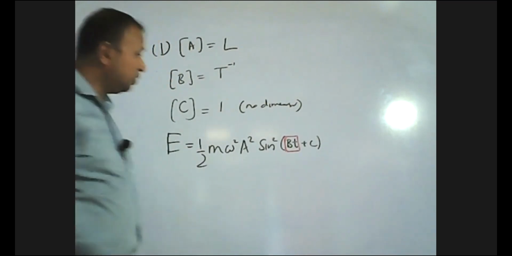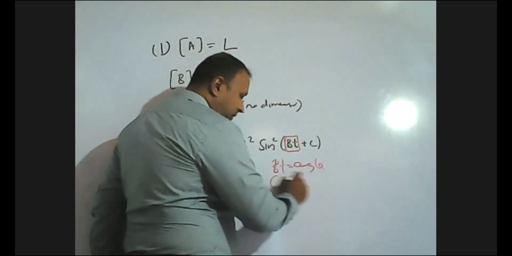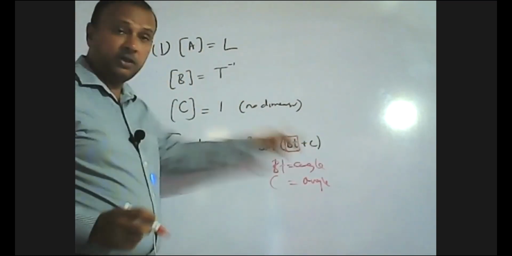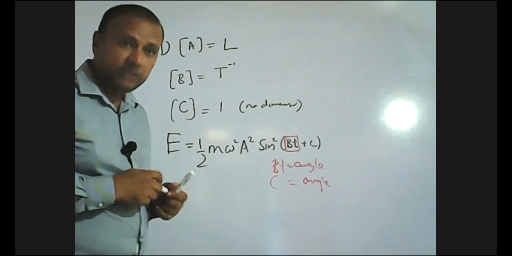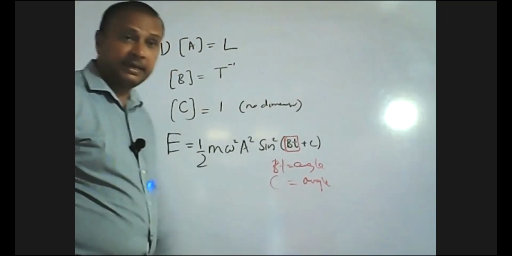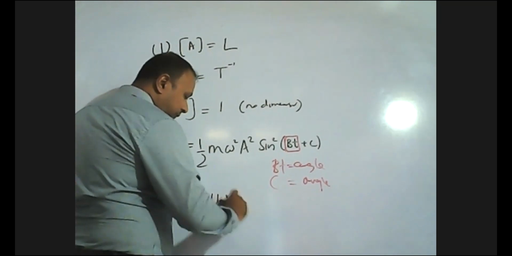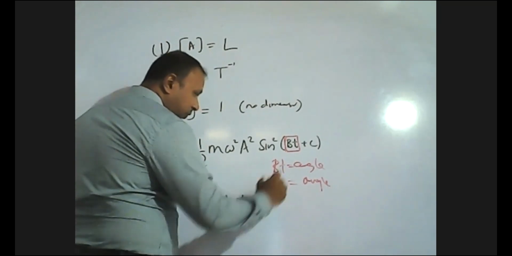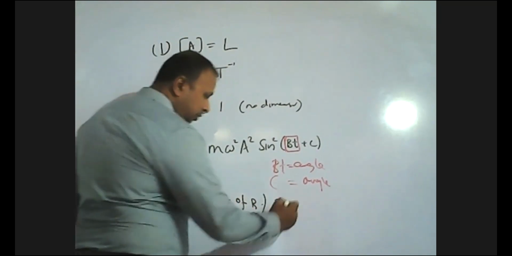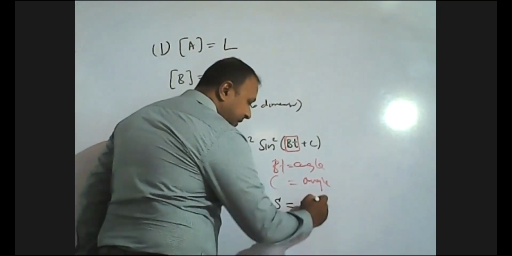So BT is an angle, C is also an angle. That's why the dimension of C is 1. So the unit of B into the unit of T, which is second, should be equal to the unit of angle.